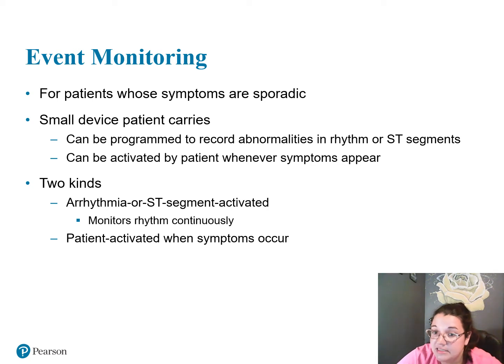This is pretty self-explanatory to remember the differences between the two. One is arrhythmia or ST segment activated, meaning it monitors the rhythm continuously, or it is patient activated when the symptoms occur.